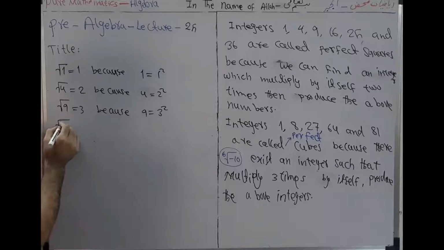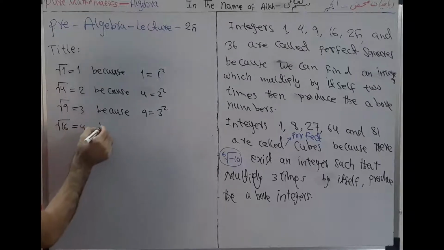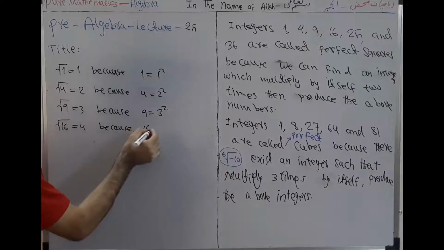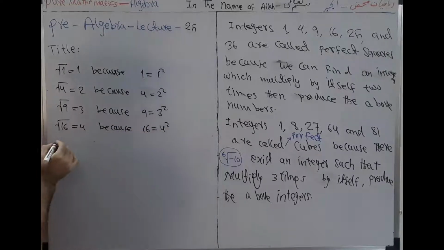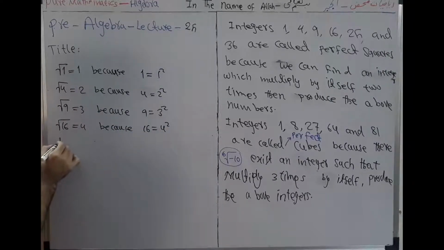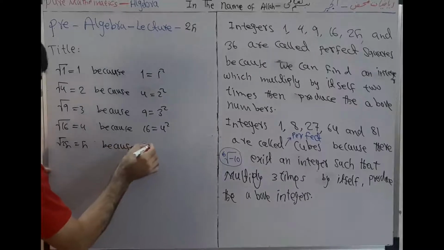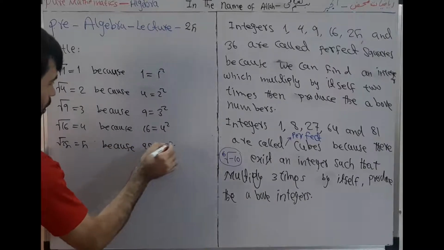The square root of 16 is equal to 4 because 16 is equal to 4 squared. The square root of 25 is equal to 5 because 25 is equal to 5 squared.